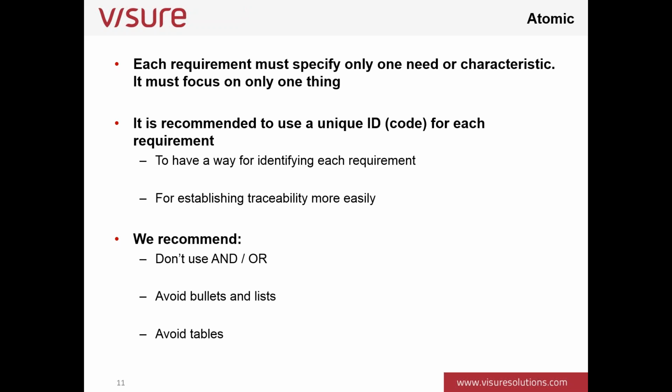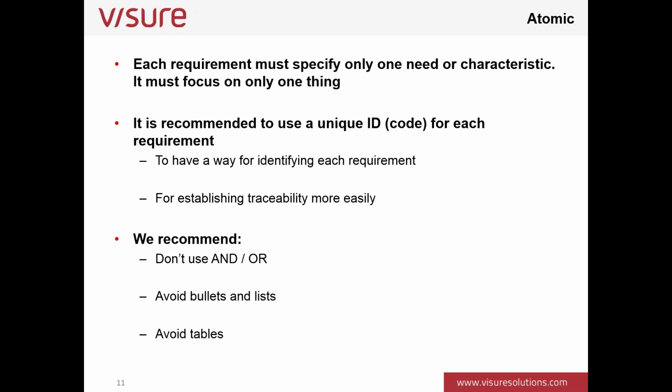Okay, so let's always try to separate each requirement into a different requirement, not put all of them together. One recommendation for that is also to use a unique ID or code for each requirement, because that will help us to identify each requirement uniquely, and also it will be easier to trace those requirements.